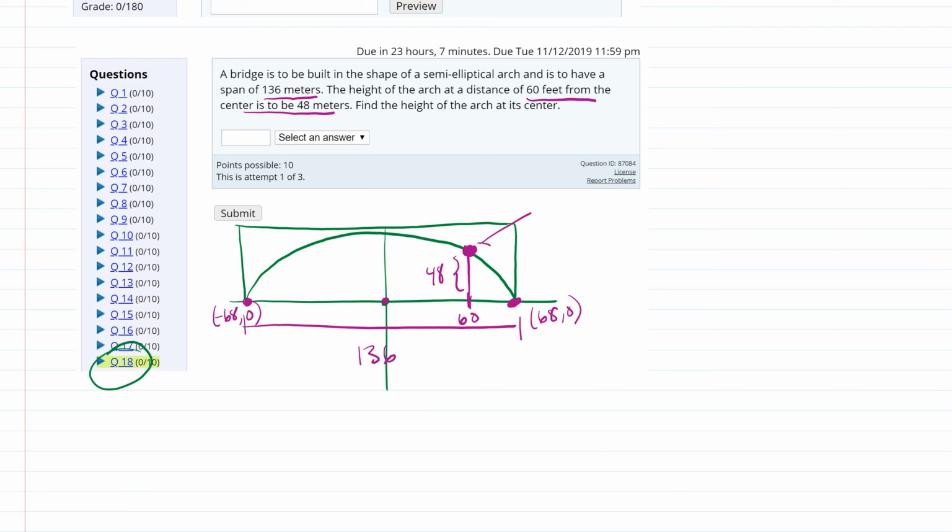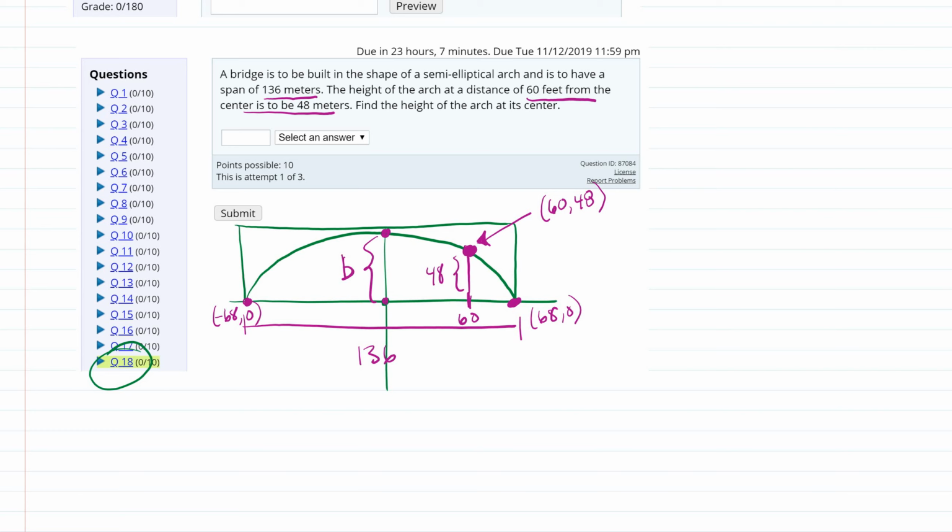So that tells you that this coordinate on your ellipse is the coordinate 60, 48. Find the height of the arch at its center. So the height of the arch at its center is this value here. If we were to complete this arch, this is the distance from the center to the minor axis vertex, and that represents a distance b.